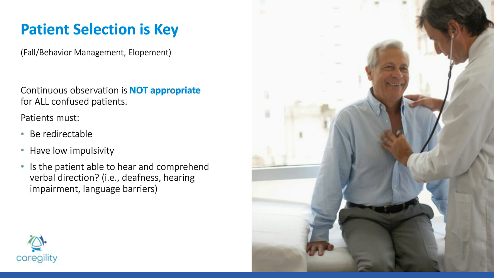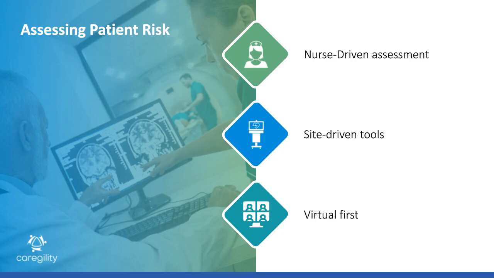There are a few ways organizations assess patient risk when selecting patients for virtual observation. There's nurse-driven assessment, where the process begins when the bedside nurse submits a virtual observation request for a patient. That nurse or a charge nurse conducts a subjective evaluation of the patient to determine their appropriateness for virtual observation.